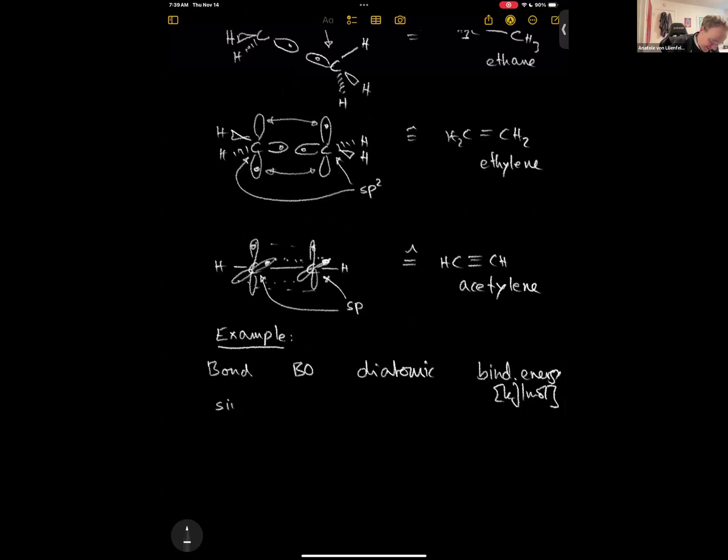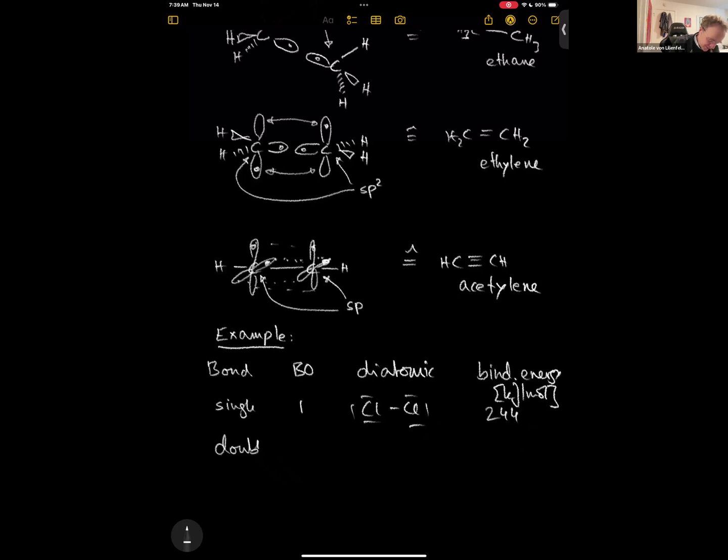So for a single bond, that's bond order 1, and let's use as an example the chlorine molecule. That energy is 244 kilojoules per mole.